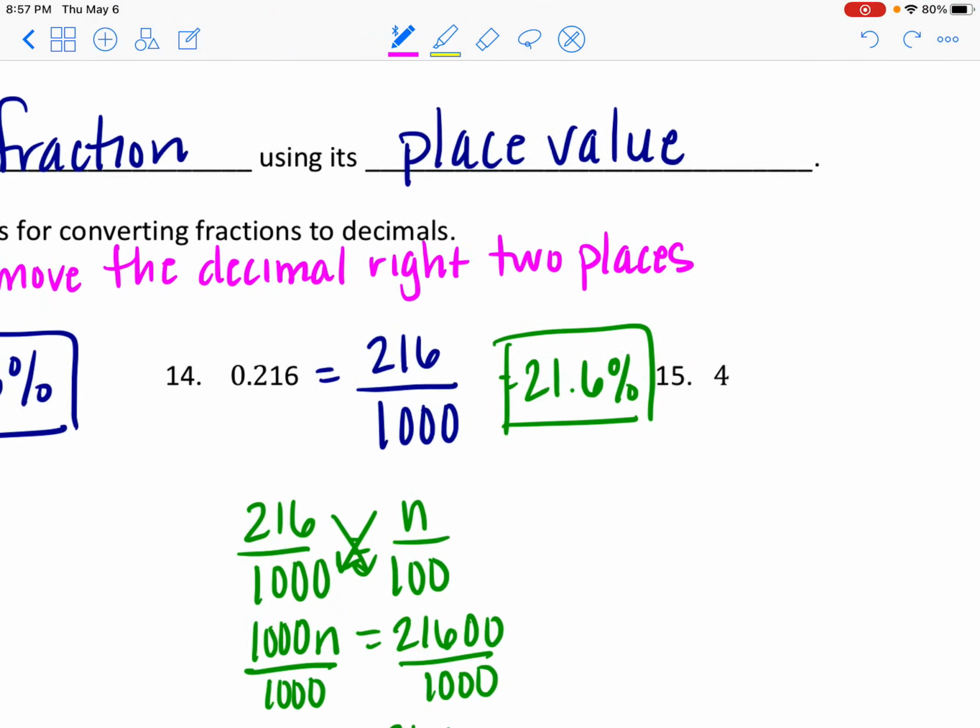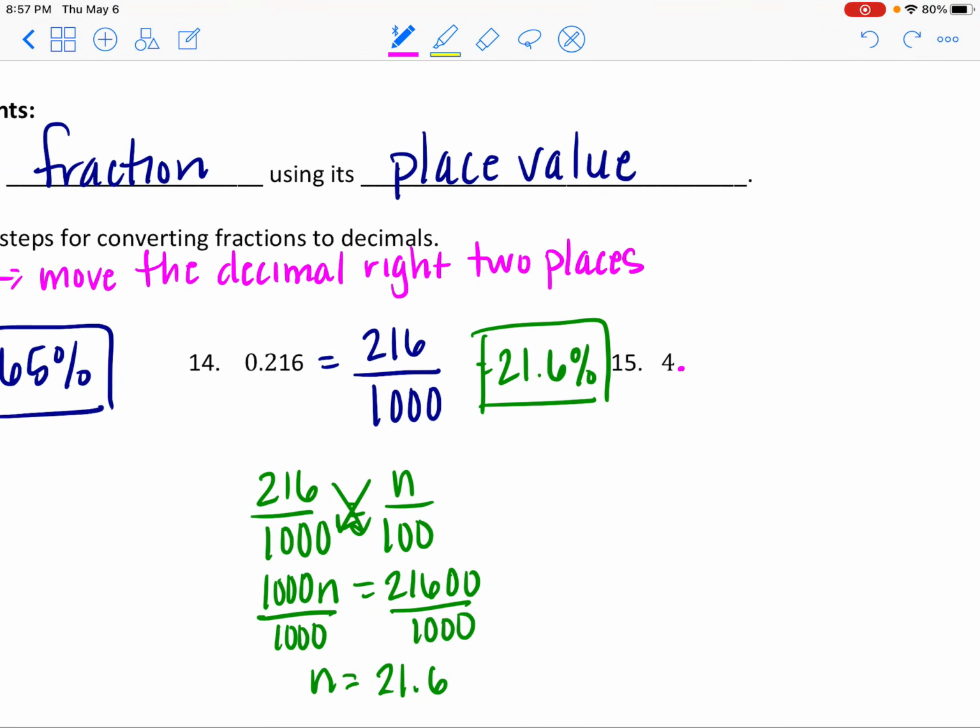So, if I'm looking at this last example here, right now my decimal is right here after the 4. 4 is the same thing as 4.0, or as many zeros as I want. If I took that decimal and just moved it 2 places, what I would be looking at is 400 as my percent.